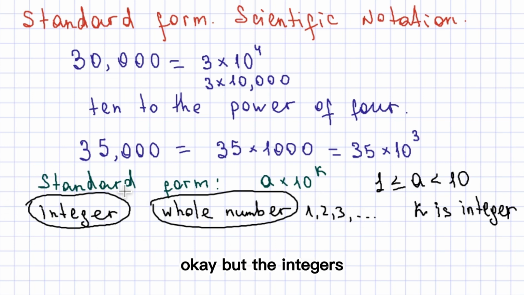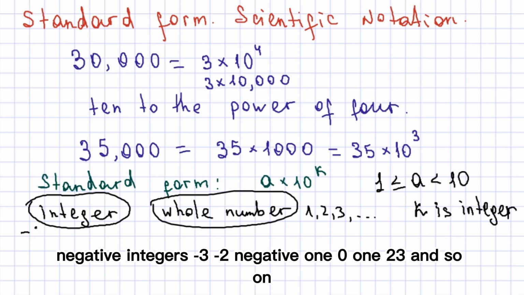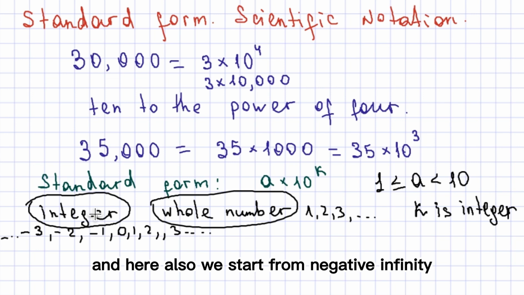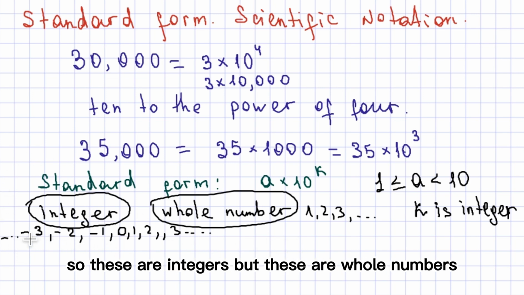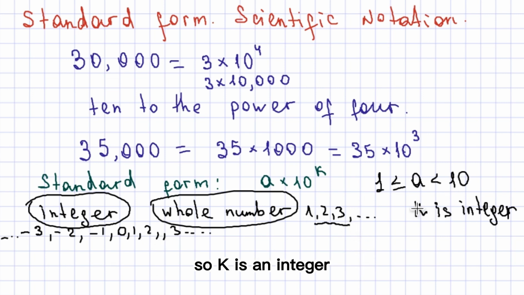But integers are numbers that are not fractions or decimals, including negative integers: -3, -2, -1, 0, 1, 2, 3, and so on. Here we start from negative infinity and go to positive infinity. So these are integers, but these are whole numbers. So k is an integer.